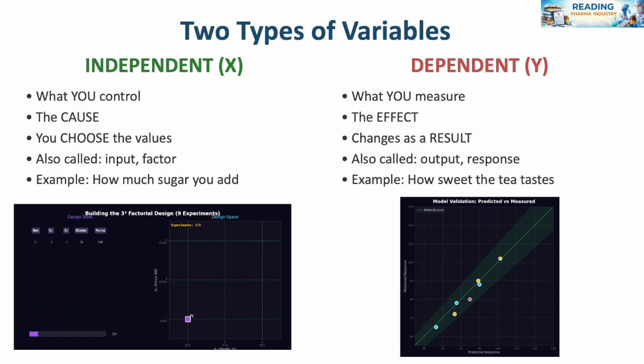You don't choose the sweetness directly, you measure it after you've added some sugar to make your cup of tea. This distinction between dependent and independent is very important. In factorial design, you set up your independent variables, and then you run the experiment to measure the dependent variables.